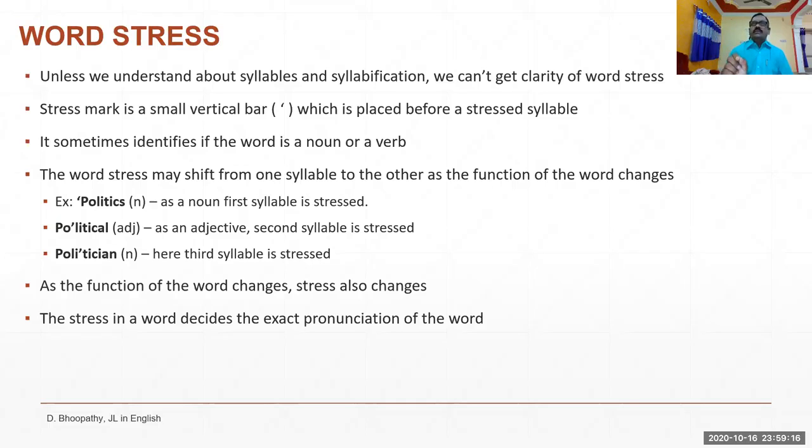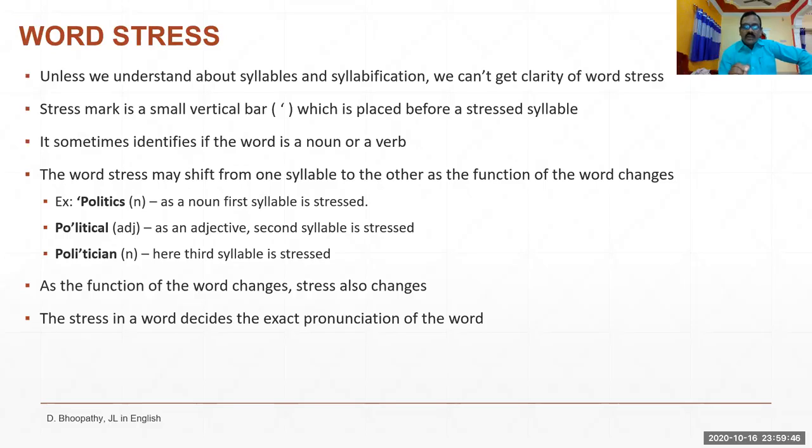I told you, teacher. Before the sound T, the stress mark is placed. Look at the vertical bar given in the bracket. It sometimes identifies whether the word is a noun or a verb.